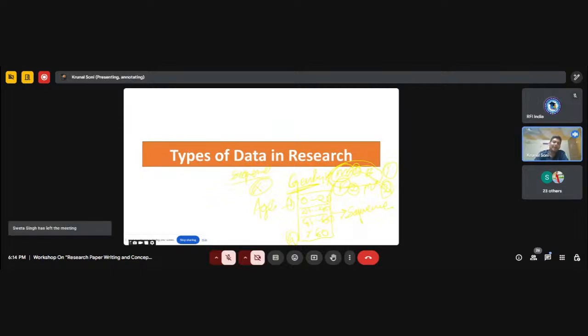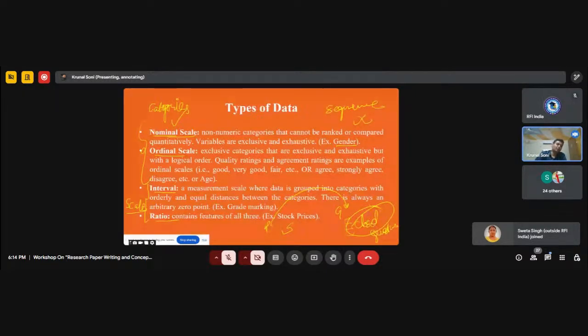If we are asking any variable which is in numbers, and those numbers can be converted into categories, the sequence matters for all these answers. So whenever categorical questions are of numbers, they are always in sequence, and that is where it is ordinal data. Ordinal data has both sides: categories are there, and the sequence also matters for this variable.